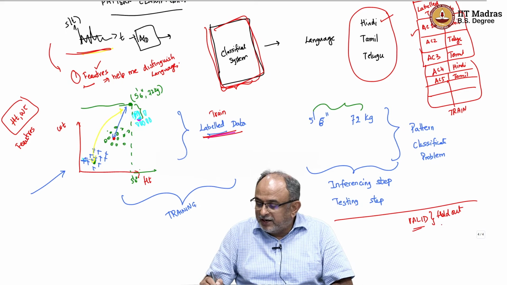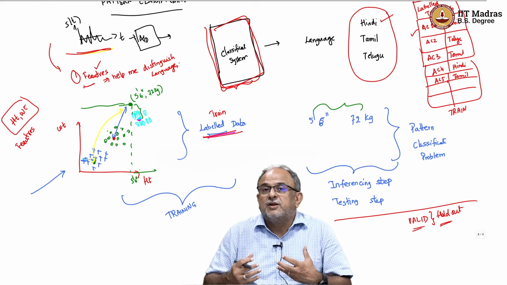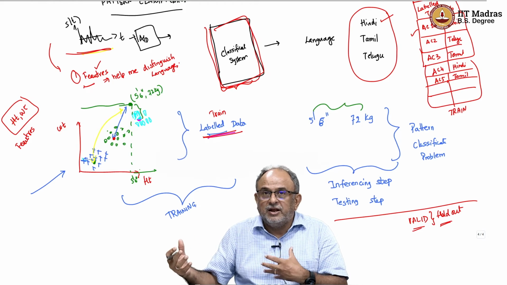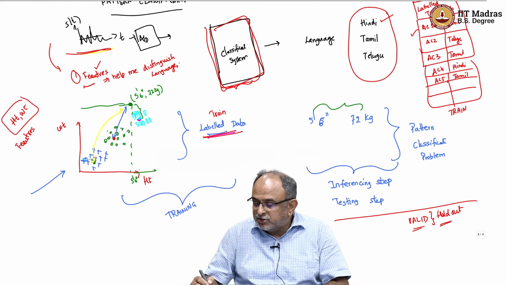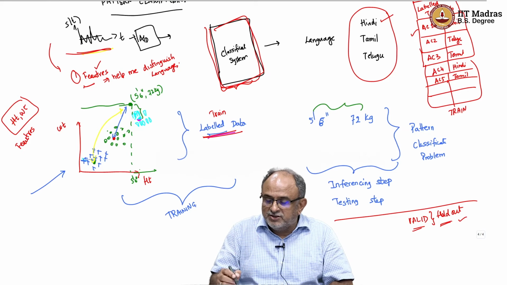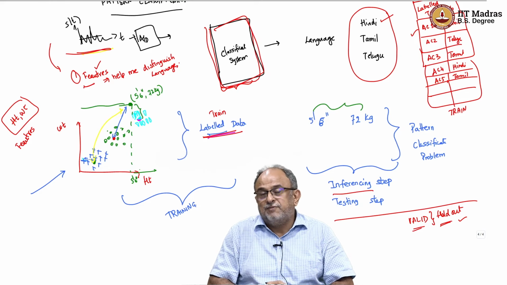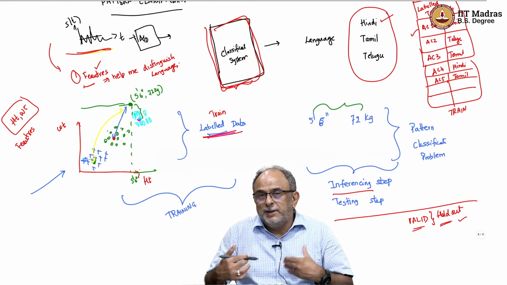So with this separate data, I am trying to check how well my system is generalizing to some unseen data, and how good a job it is doing. If this part is also improving, I know that it is sufficiently generalizing, and therefore when I give real inferencing data, during the inferencing step or the testing step, I will get reasonably good performance. And if I build a better system, the performance will improve, which means I will make fewer errors.